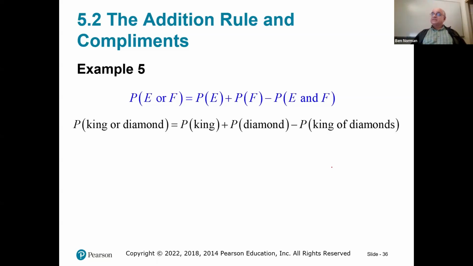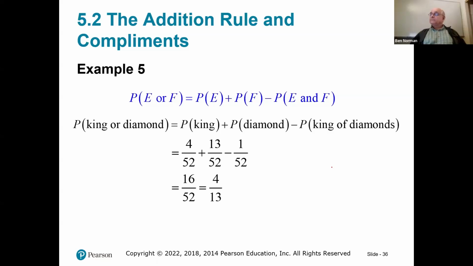So the probability of king or diamond is the probability of a king plus the probability of a diamond minus the probability of king of diamonds, which is just short for the king and diamond.